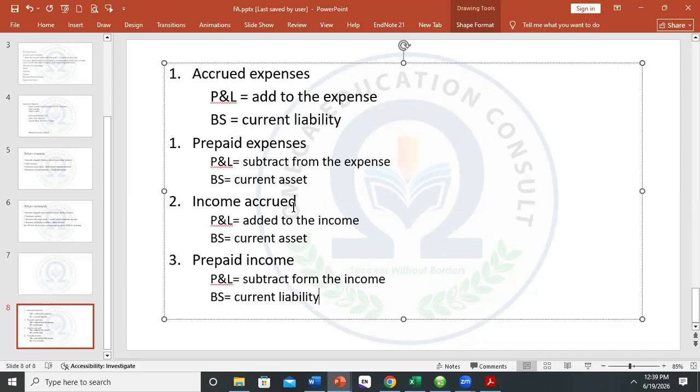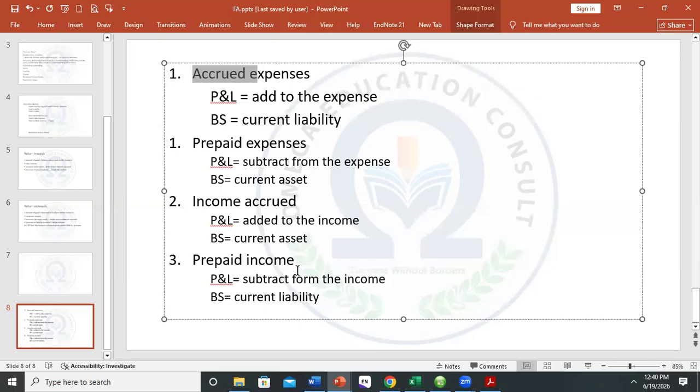So you see, you can really get summaries from this. You see the accruals, whether expense or income, you add. So in the profit and loss account, we add accruals or we add owings. Accrual is the same as owings, unpaid arrears. And for the prepayment, you are subtracting. Any prepayment, whether income or expense, you subtract from the income or from the expense.